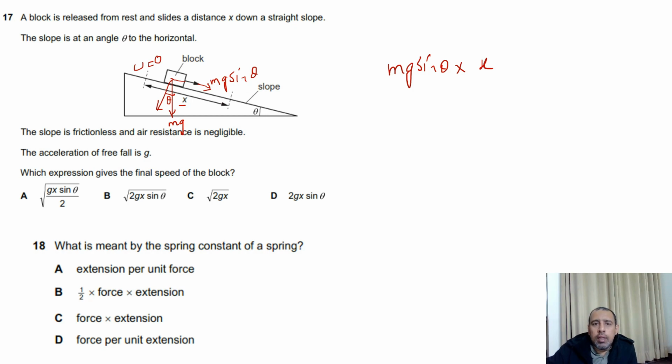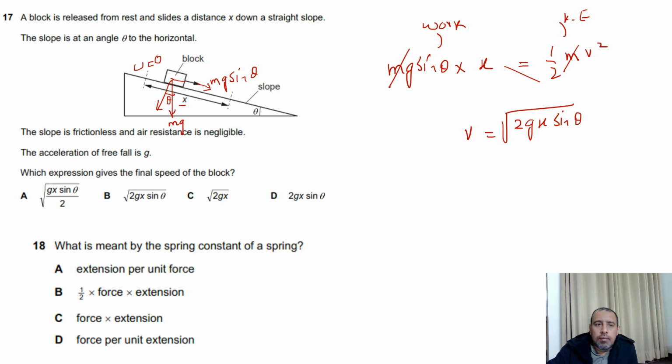And this work done causes the kinetic energy, that is half mv square. So this is work, that is Fx, and this is kinetic energy. So m is cancelled and v is equal to, cross multiply, square root of 2gx sine theta.